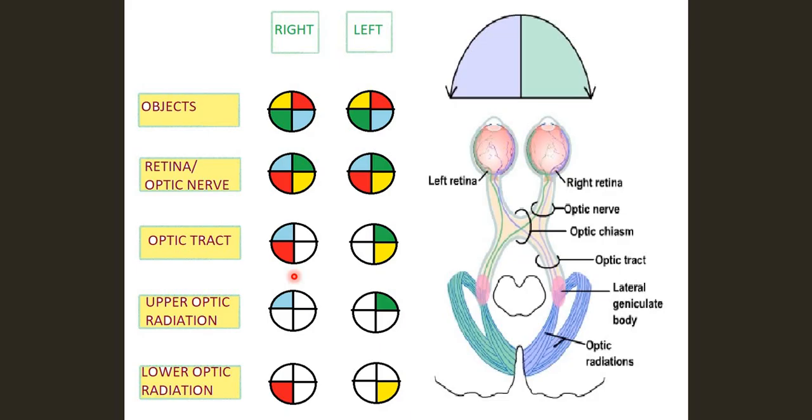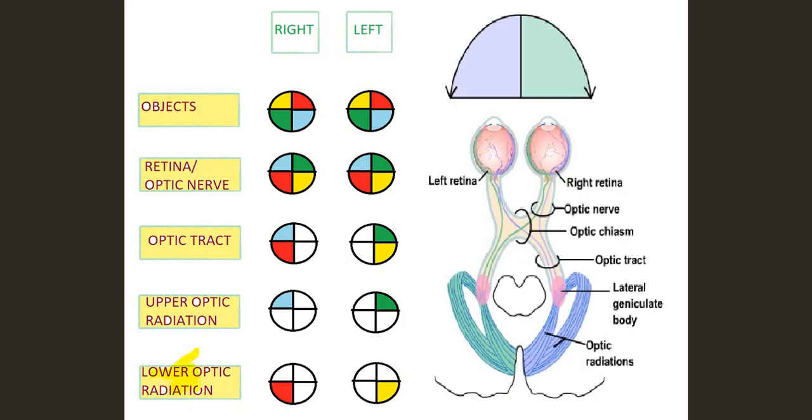The upper optic radiation carries the information relayed from the ipsilateral upper part of the retina, whereas the lower optic radiation conveys the information from the ipsilateral lower aspect of the retinal field. So this lower optic radiation is the one that is affected in case of temporal lobe abscess.